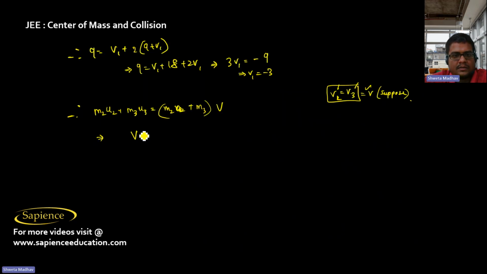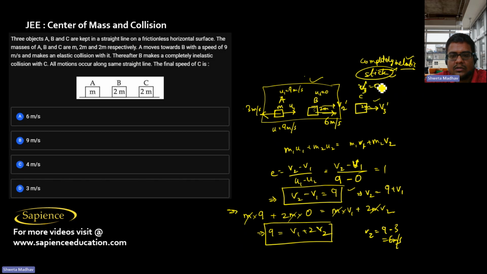So the final speed of C, that is V only. So V has been asked. So V will be equal to M2 U2 plus M3 U3 by M2 plus M3. Here U2 is actually 6 and U3 is 0 only, since initially the block C was at rest.